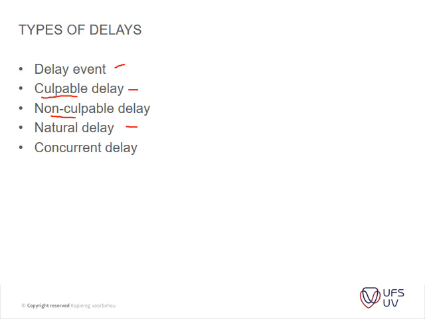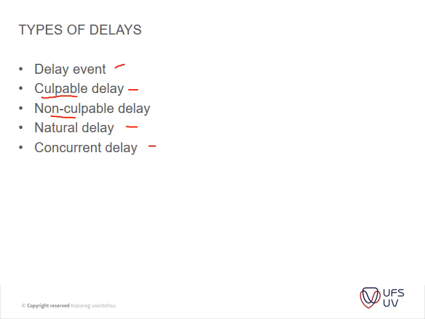Okay. Neutral delays for the employer's risk are exceptional bad weather, discovery of ancient artifacts, strikes affecting the site work, off-site manufacturing or transport. Okay, and then you've got your concurrent delays, where two or more delays happen simultaneously.